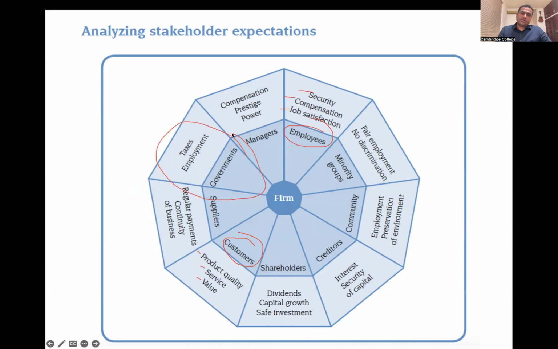Government is an important stakeholder. They want taxes and for the company to create employment. So each stakeholder will have different expectations. We call this the stakeholder expectation analysis.